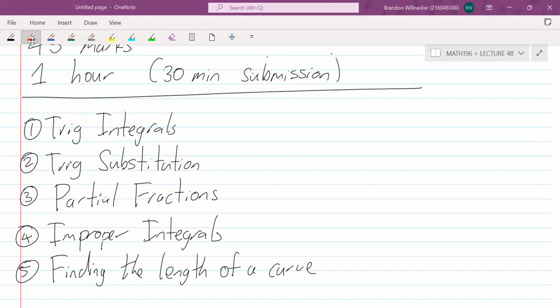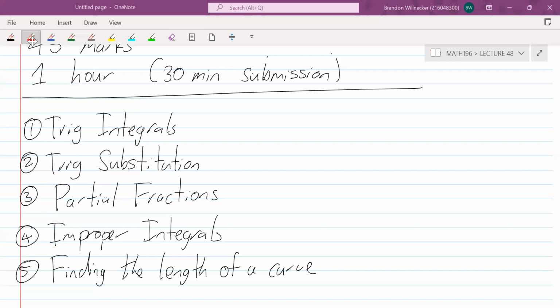That question could involve trig substitution, it could involve a trig integral, and so on. It's not like question 1 is on trig integrals, question 2 is on trig substitution. It's just going to be a mix of integrals that you then need to solve based on whichever of these methods you see fit.